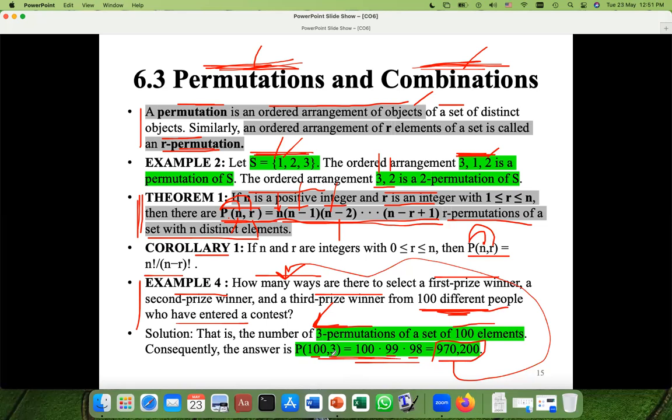Here you have 100, so 100 factorial divided by (100 minus 3), which is 97, 97 factorial. So that is also working. 100 factorial divided by 97 factorial means that 97 factorial will be cancelled, and then you will have this thing remaining. And this is the answer you have.